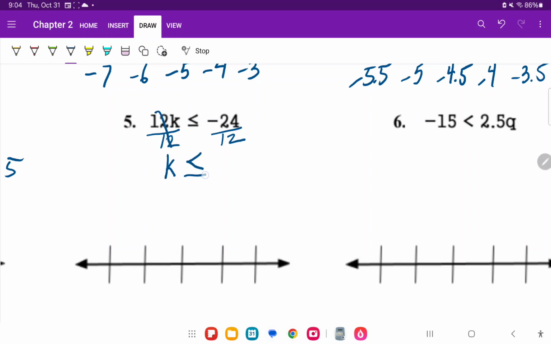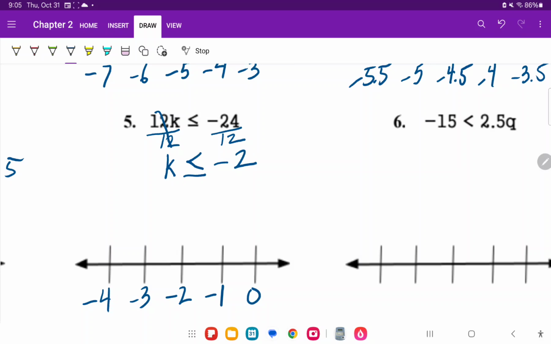You mean K is less than or equal to -2? Yes, good job. K is less than or equal to -2. All right, now we're going to label our number line. Make sure you label that correctly.